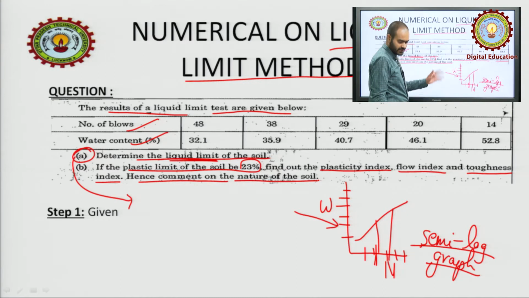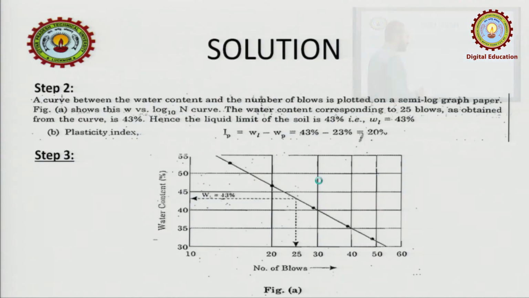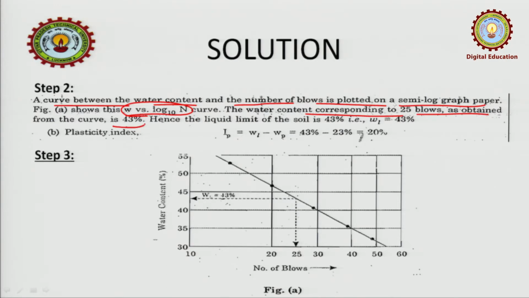So let us first plot the graph. Here you are given the graph. A curve between the water content and the number of blows is plotted on semi-log graph paper, W versus log 10 N. The water content corresponding to 25 blows was obtained to be 43. You can see here, it comes out to be 43 and this is your 25.